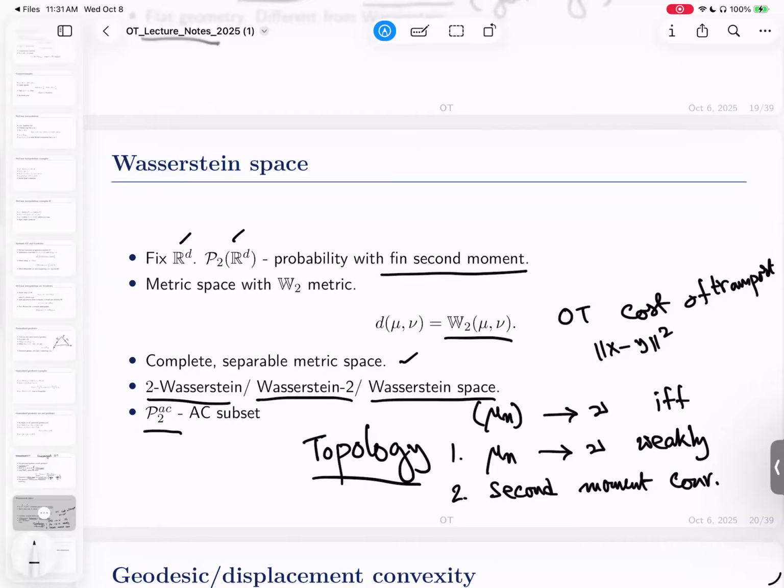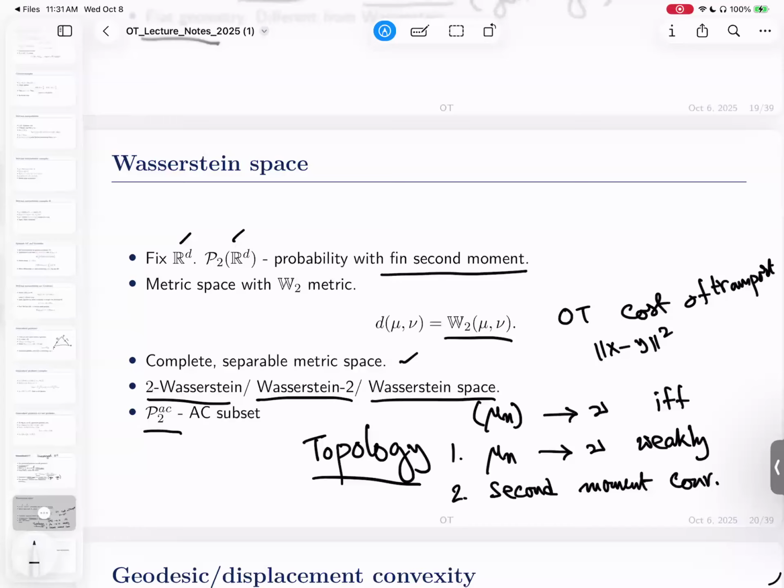So if the mean converges, the variance converges, and there's convergence in distribution, you have convergence in the Wasserstein metric space. This is by no means a trivial theorem. This is actually a deep theorem, but this theorem is true. Is this clear? So the set of all probability measures with finite second moment is turned into a metric space by endowing it with the Wasserstein 2 metric.